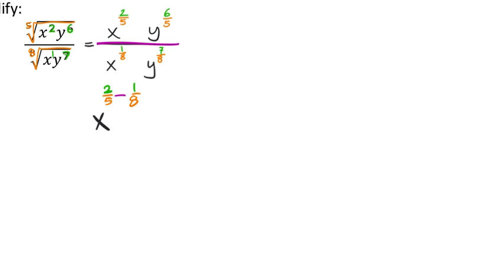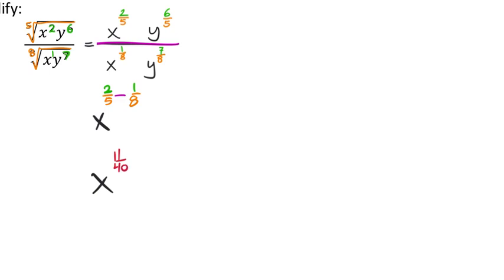Again, I don't expect you guys to do this by hand. Just put it in the calculator, be done with it. So I got 2/5 minus 1/8. Enter, and it says you got 11/40 of those x's. X to the power of 11/40.